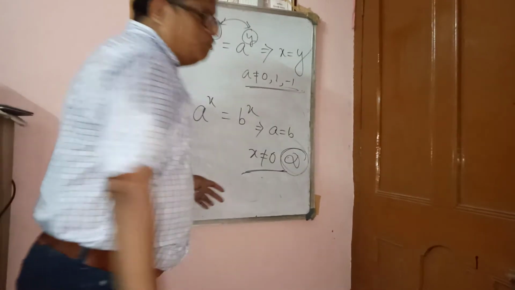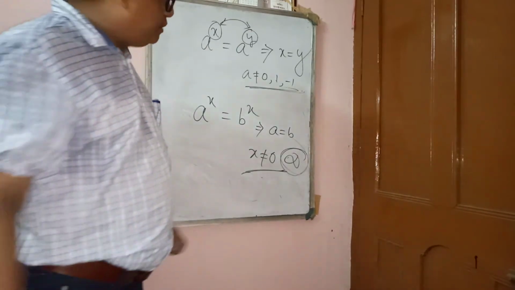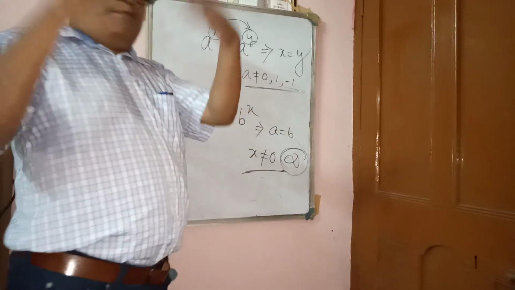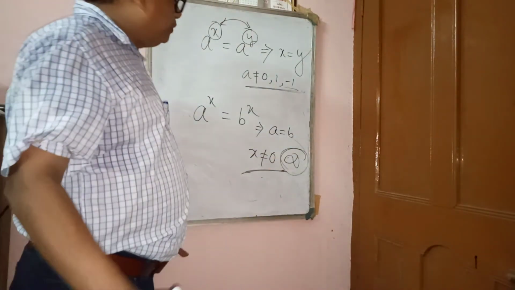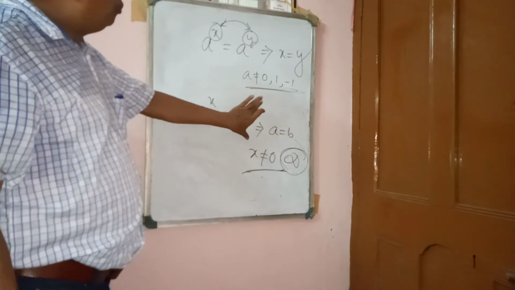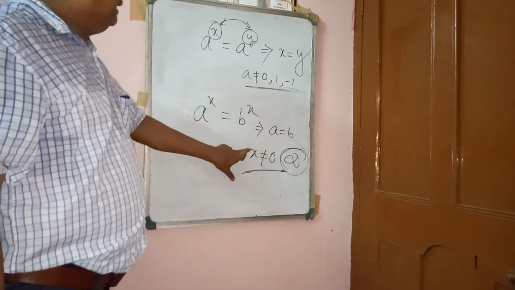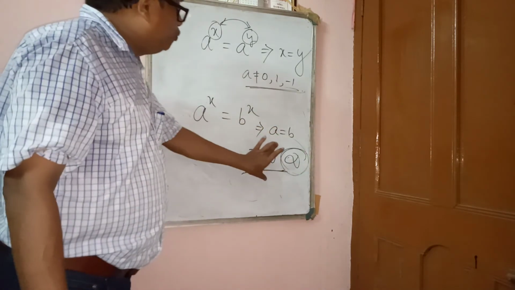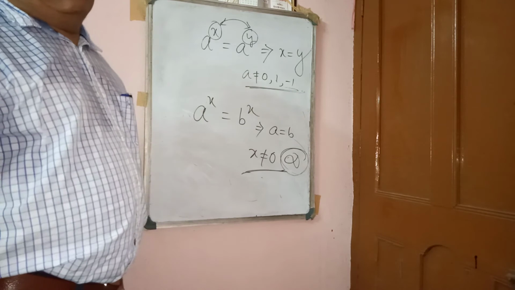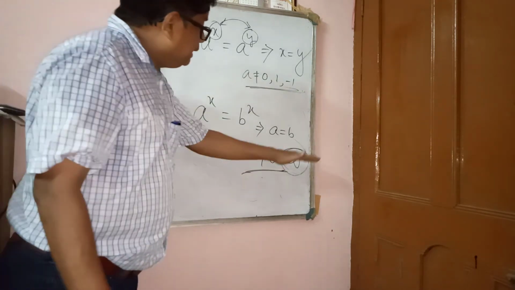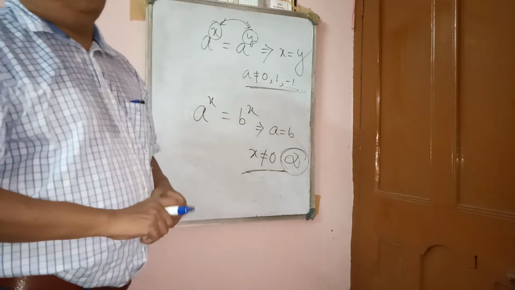Don't discuss infinity now, you are little boys and girls. In upper class I will discuss it. Just remember a to the power x equal to b to the power x gives a equal to b if x is not equal to 0.